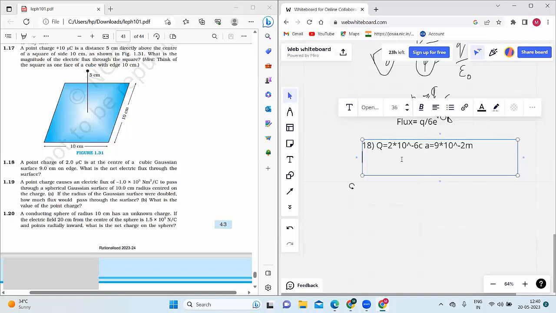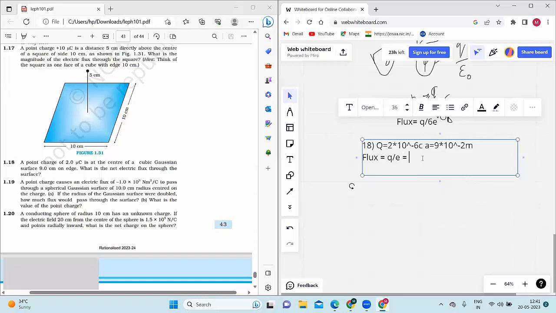And the flux enclosed by the body is Q by epsilon. As the charge is placed in the center of the cube, we get the flux enclosed as Q by epsilon.